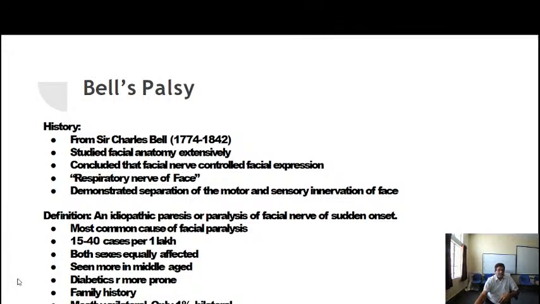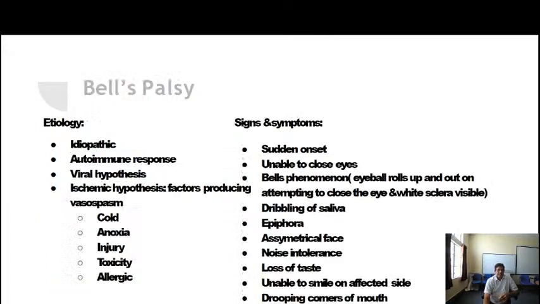Now by definition, Bell's palsy is an idiopathic paresis or paralysis of the facial nerve of sudden onset. This is what Bell's palsy is. And it is the most common cause of facial paralysis, in 15 to 40% of cases. Both sexes are equally affected, and diabetics are more prone. There is a family history, and it is mostly unilateral.